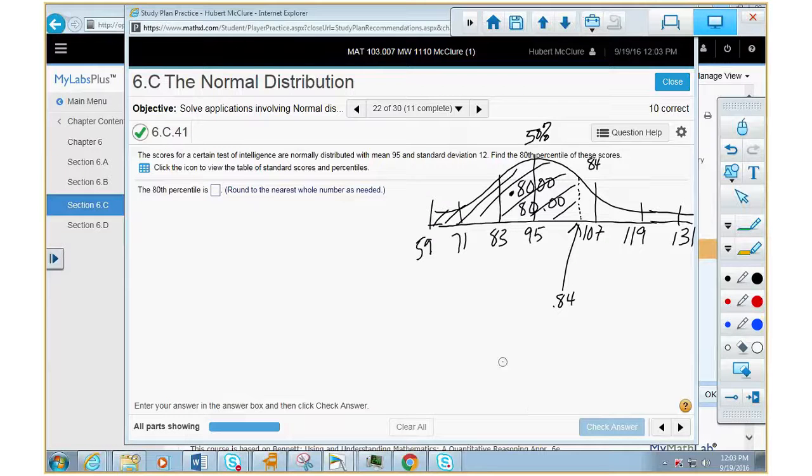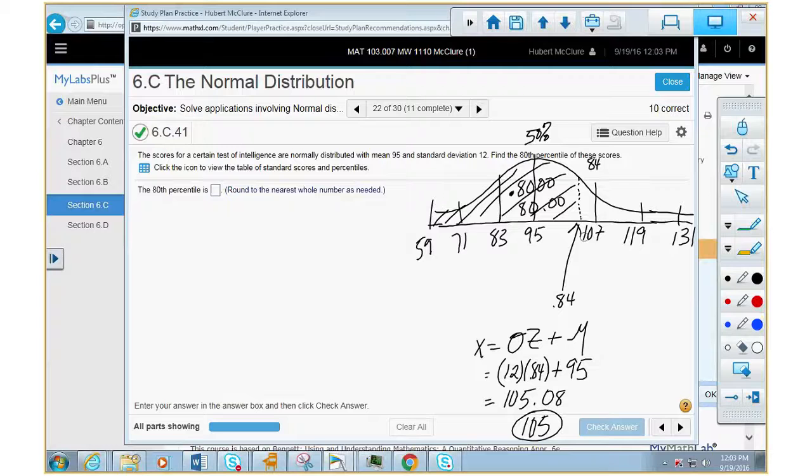And then x is equal to z sigma plus mu. So that's going to be 12 times 0.84 plus 95, and that's equal to what? 105.08, and that's 105.